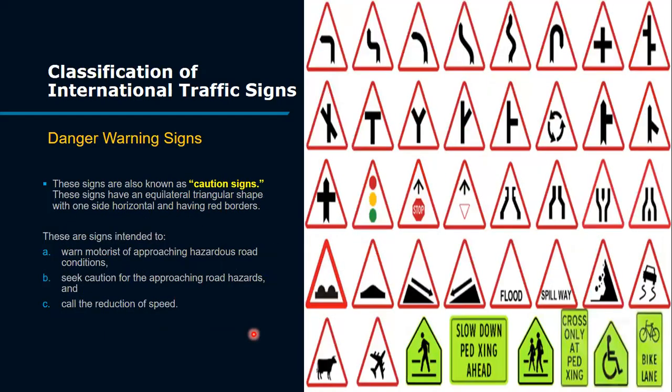Okay. So what are the classifications of international traffic signs? First we have the danger warning signs. These signs are also known as the caution signs. These signs have an equilateral triangular shape with one side horizontal and having red borders.